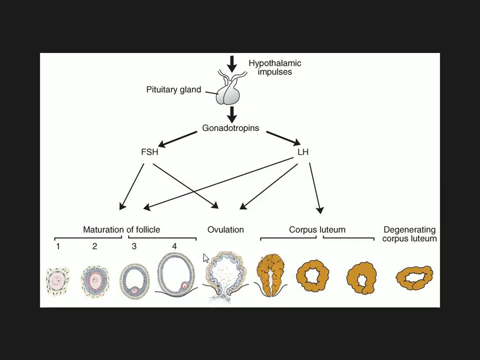The others degenerate and become atretic. In the next cycle, another group of primordial follicles is recruited, and again only one follicle reaches maturity. Consequently, most follicles degenerate without ever reaching full maturity.